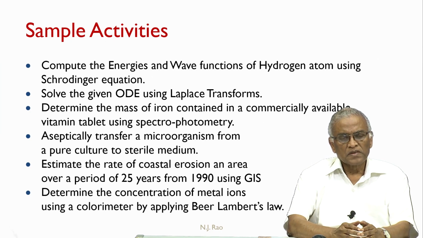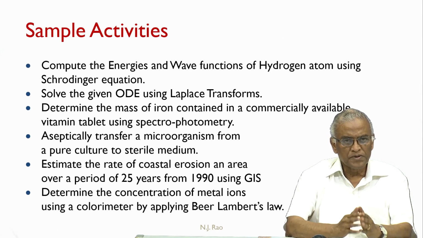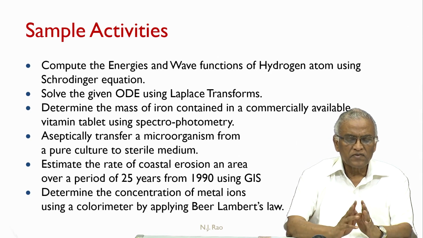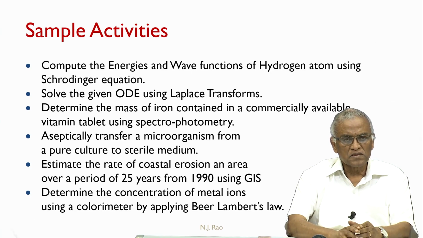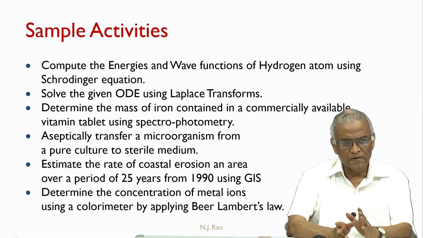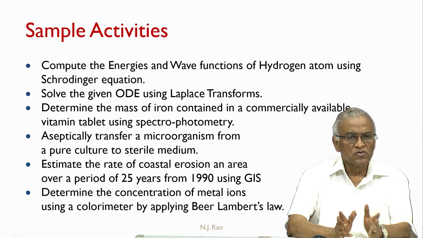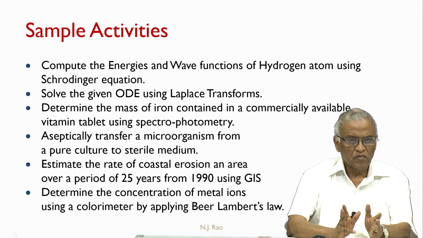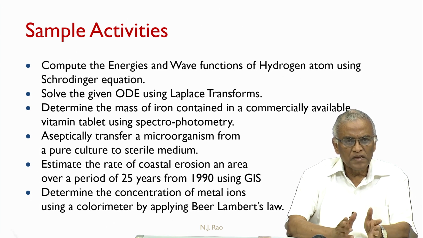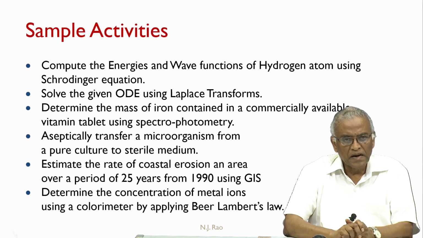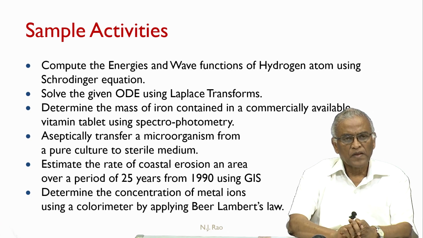That means the learner has to solve this problem, has to compute only using Schrodinger equation. It can be both an advantage or a disadvantage for some. In the sense, the student does not have to make a decision which particular method he needs to use to compute, or if he is not familiar with Schrodinger equation and is forced to do that, obviously it will become a disadvantage. We will come back to this.